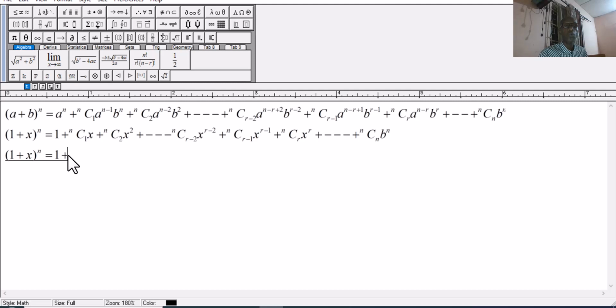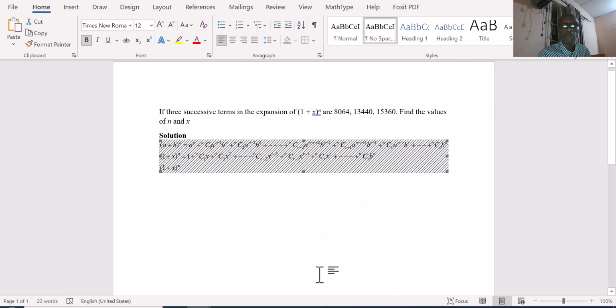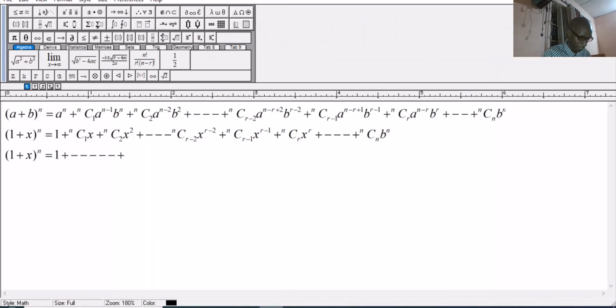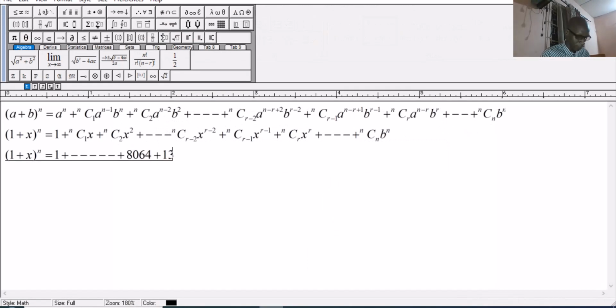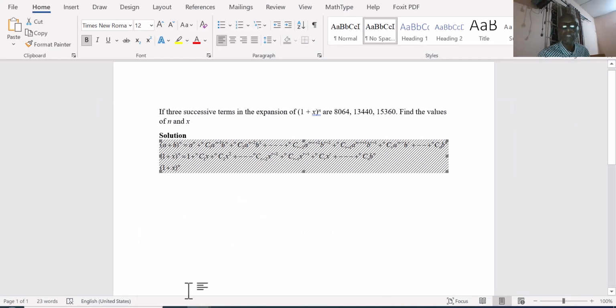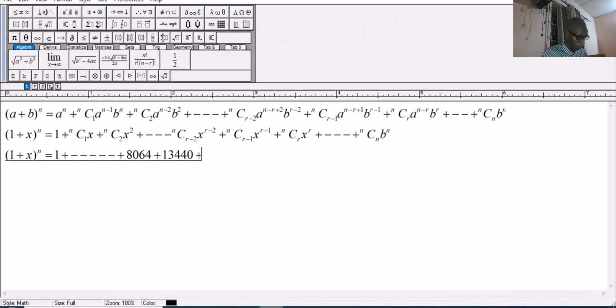We don't know whether it's the first term, so let's just imagine that we have such a term, plus the first term we are given, which is 8064, plus 13440, plus the last one, 15360.